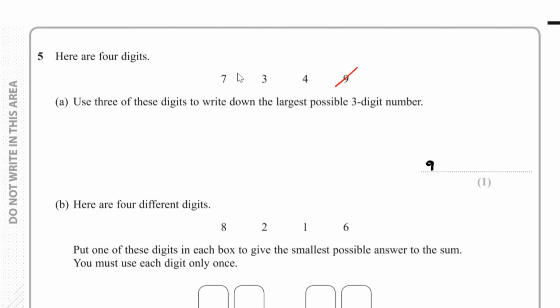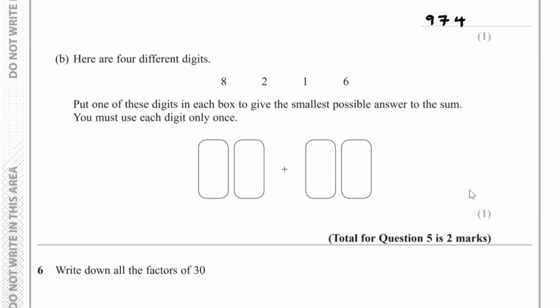Then the next digit will be the 7, and then the digit after this will be the 4. So we have 974.